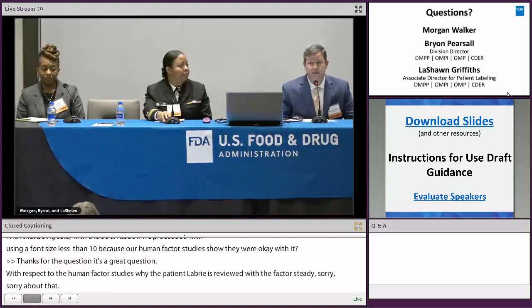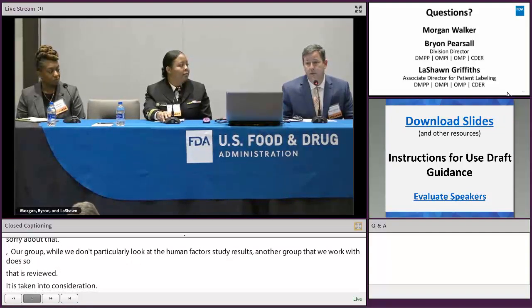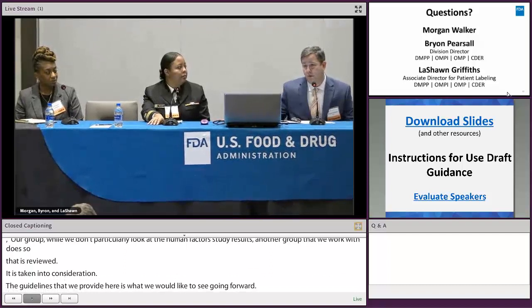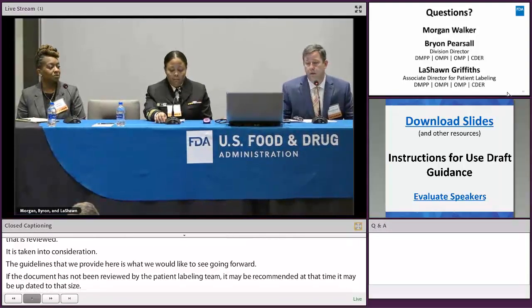So if the document has not been reviewed by the patient labeling team, it may be recommended at that time that it be updated to that size. But you also may receive a recommendation from another group. When we discuss with that other group, they may suggest to us that based on the human factor study, it remain at that particular size. So all of those factors will be taken into consideration while we work together at the agency to review it.